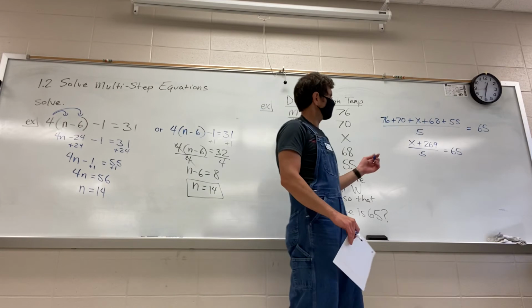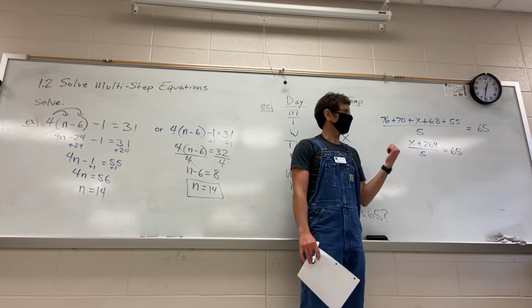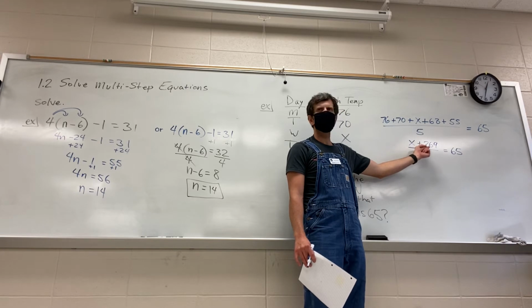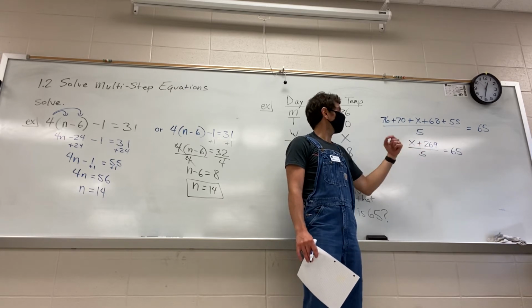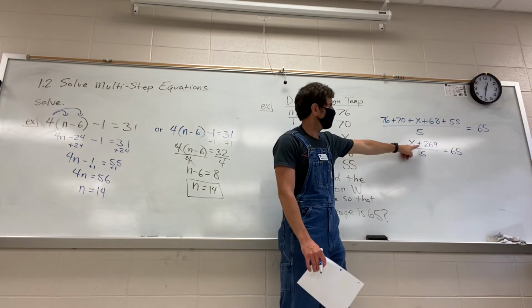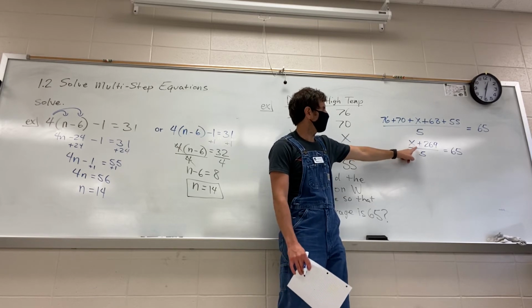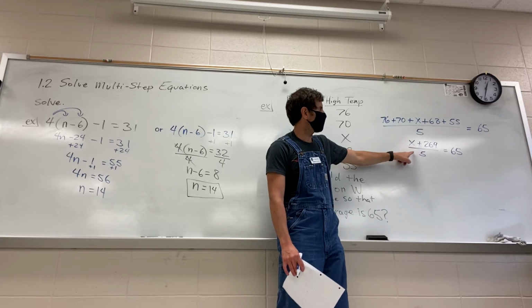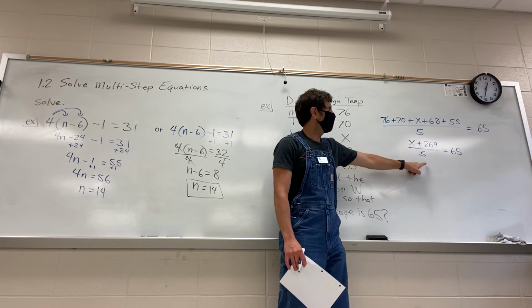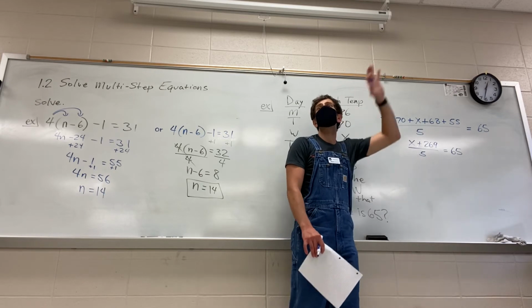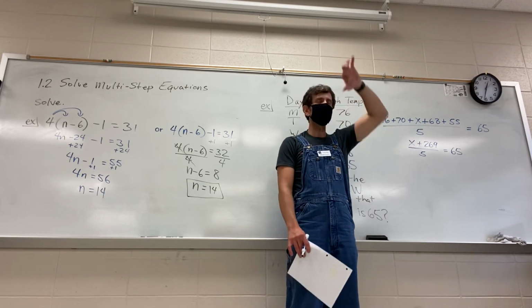I would divide by 5. Since there's addition up here and 5 is dividing both of them, we could simplify this and write it as x over 5 plus 269 over 5. You could distribute the division and do it that way.